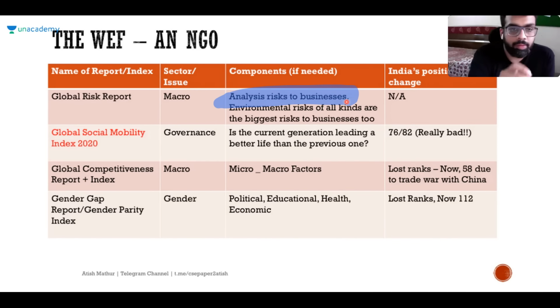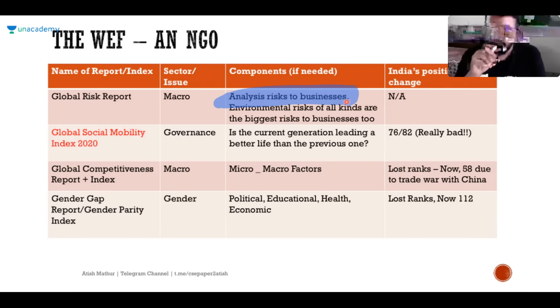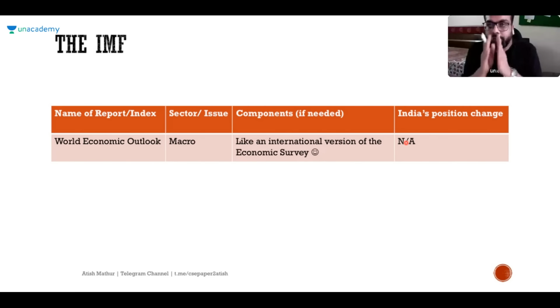So let's start. The Global Risk Report basically analyzes the risks to businesses, and it says that environmental factors are the biggest risk to businesses in the world today. That is all you need to know. Now, you must understand that the World Economic Forum is like a more diversified version of the IMF, where the IMF only looked at core economic problems.